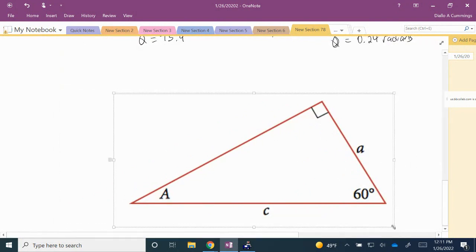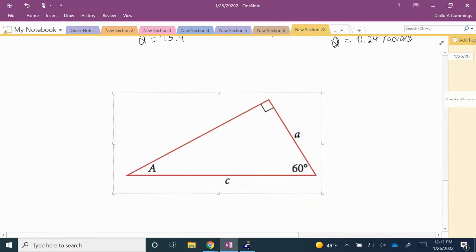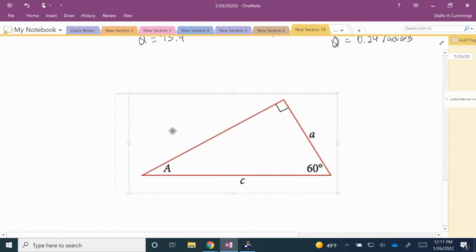All right, so let's use the triangle. I'll give you a second to sketch this out, and let's find A and find C.